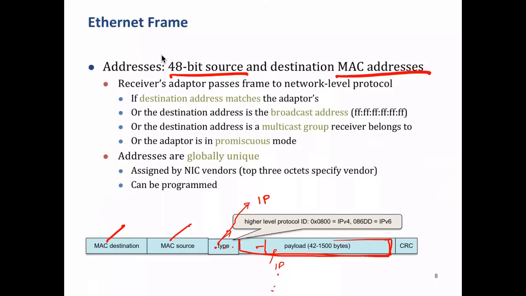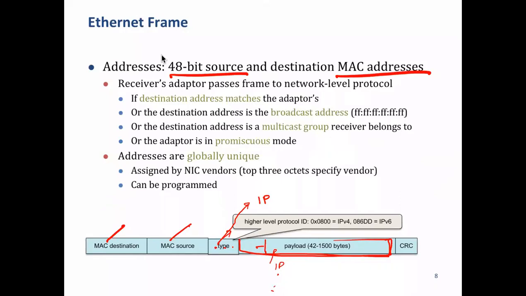It could be for IPX or some other protocol also, because Ethernet was not designed only for IP. But today, because IP is very popular, almost 100% of the traffic on Ethernet is only IP traffic.